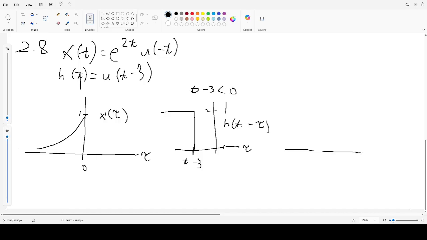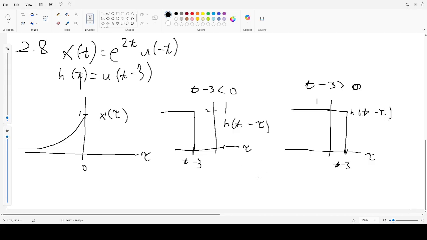And then the other case over here, if t minus 3 is greater than 0. So here's tau, and again, this is h of t minus tau.